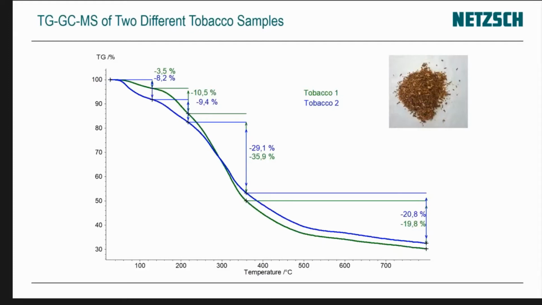A significant difference could be detected for the first mass loss step, which was probably due to the different moisture content. Also, the other mass loss steps show minor differences. However, the single TGA measurement cannot clarify if there are really different processes occurring during thermal treatment.